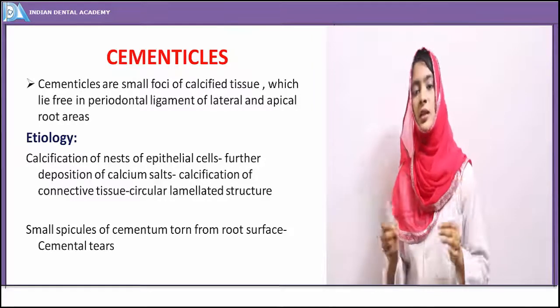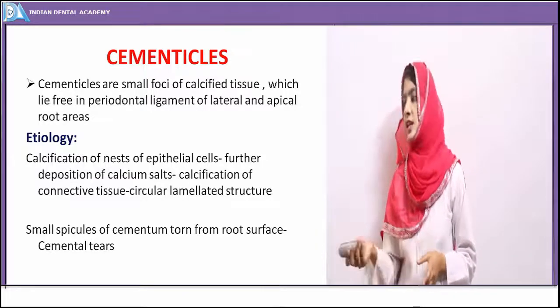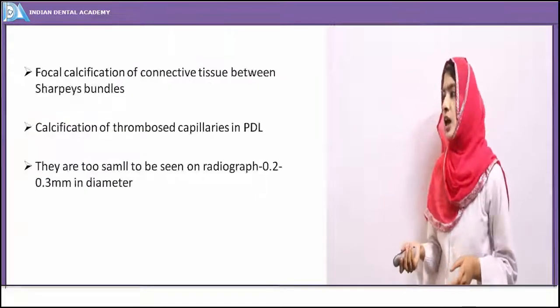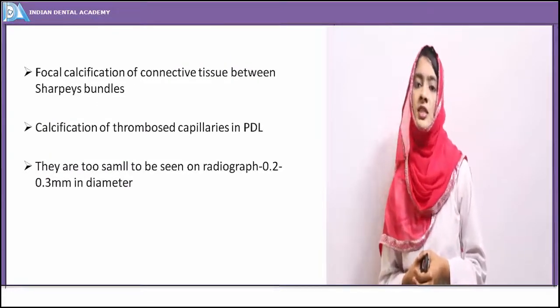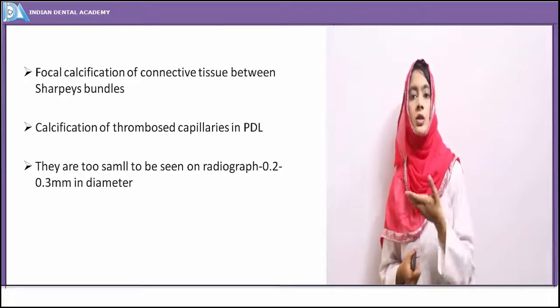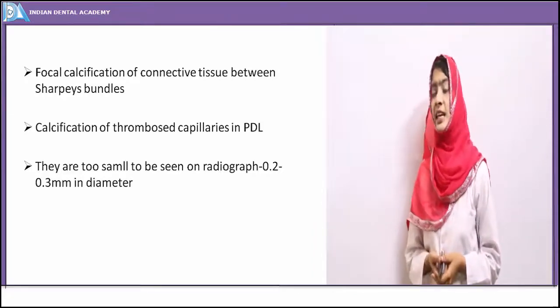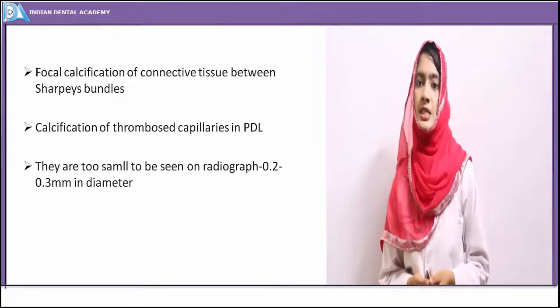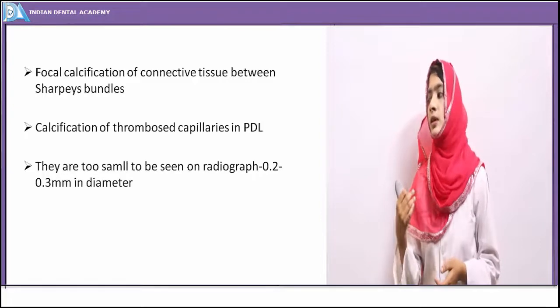The break of cementum from the root surface is visible as small spicules. Sometimes calcification occurs in the connective tissue between Sharpey's fibers, which also gives the appearance of cementicles. And calcification of thrombosed capillaries in the periodontal ligament occurs. Those are all cementicles.